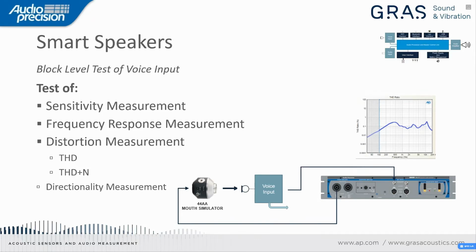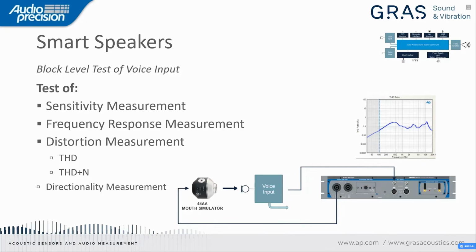If we look at block level test of the voice input, it's a test of our microphone array. Then it's actually very similar to what we saw before. In this case, we are actually using a mouth simulator for creating the test stimuli, creating the test signal for our microphone array, and then we will measure the response of this microphone array on the output of our voice input.